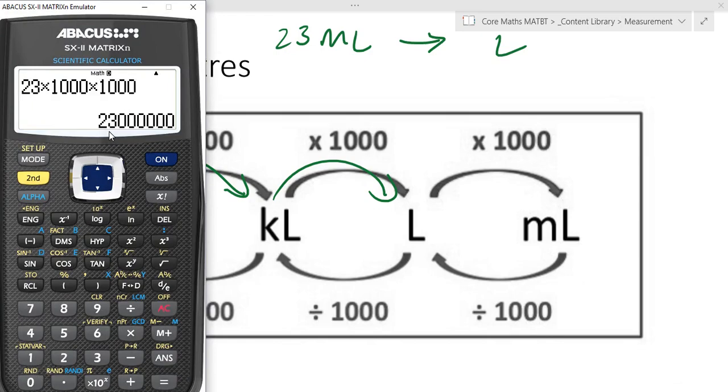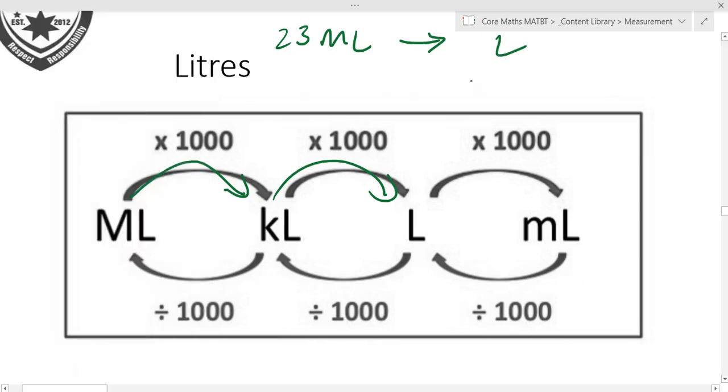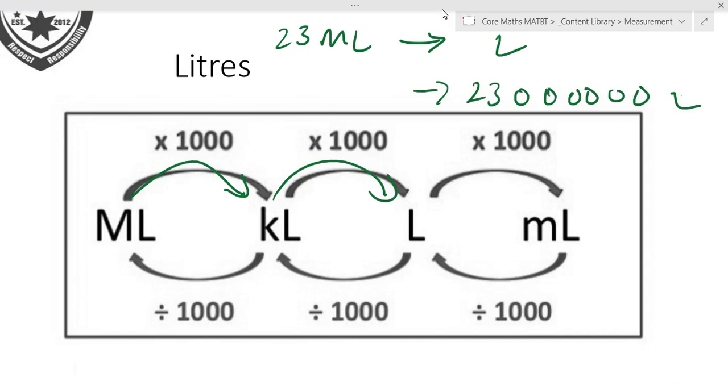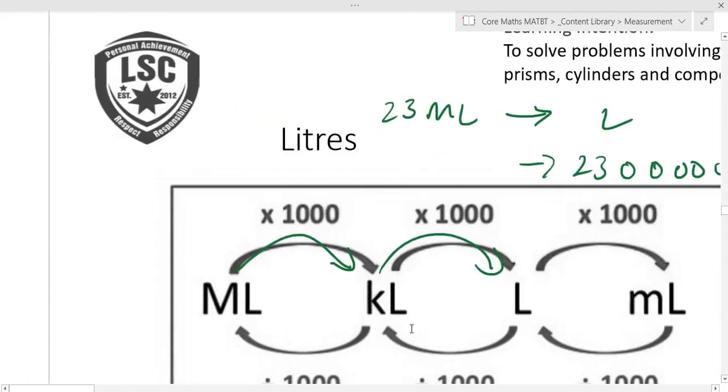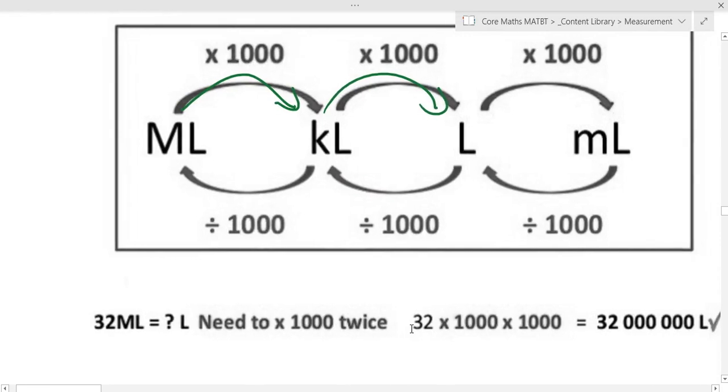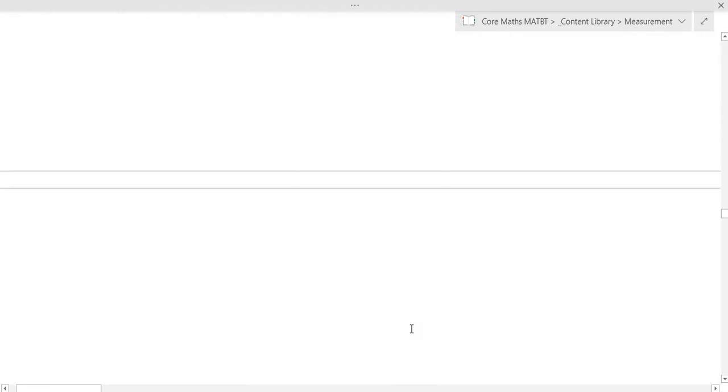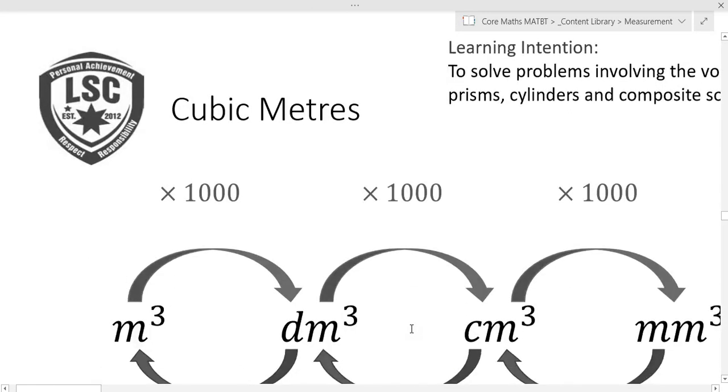So that equals 23 million liters. And it's the same the other way. If you go from milliliters to kiloliters, just make a note that it's divided by 1,000. I won't go through too much of this because there's not a lot of it in measurement. You may come across 1 or 2 questions.